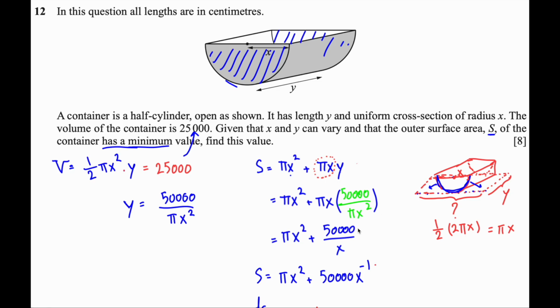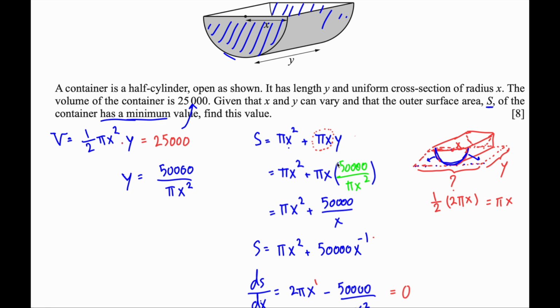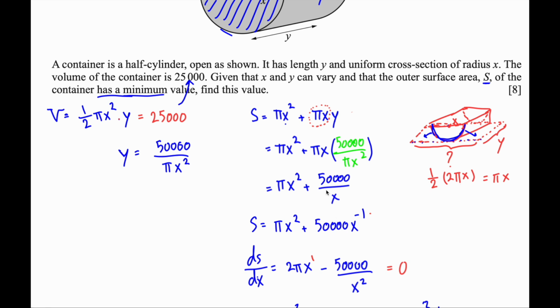Now I have to unite everything, make everything in terms of x. Therefore, I can take the derivative of my outer surface area with respect to x. That's why I'm going to substitute the value of y with 50,000 over pi x squared, which I found here. You do that, the x from top and bottom is cancelled, and you're left with 1 x in the denominator. Before you take your derivative, you can bring the x up and make the power negative.